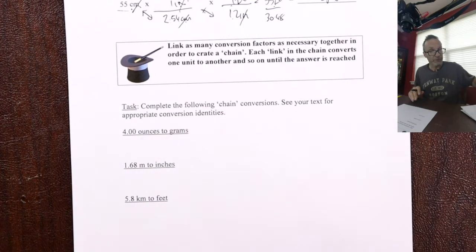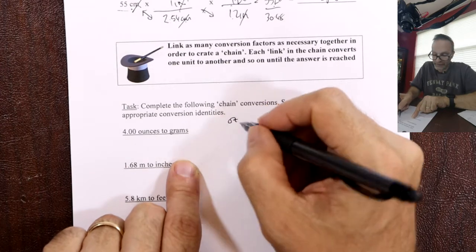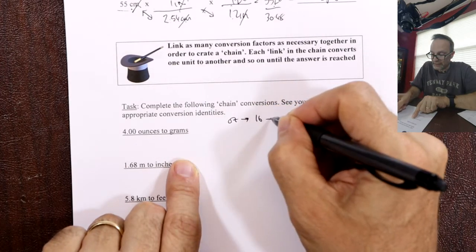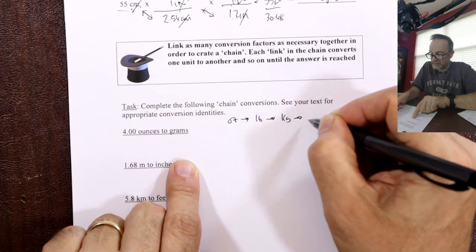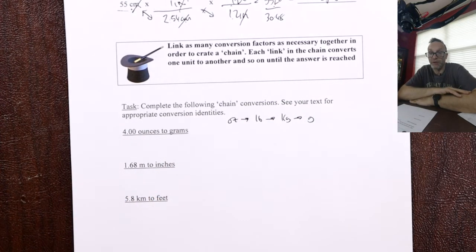All right, pause. So this first one, ounces to grams, I'm going to go ounces to pounds, pounds to kilograms, kilograms to grams. That's just me. You've got to assume that although there is probably an ounces to grams converter in the back of the book, it won't be on the data sheet.